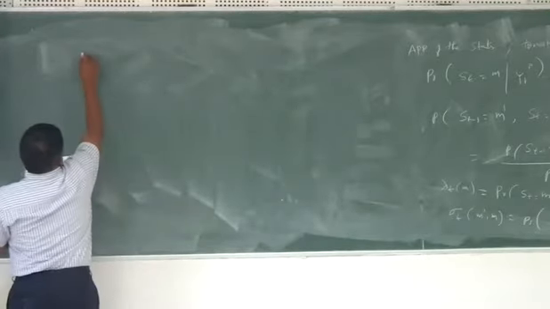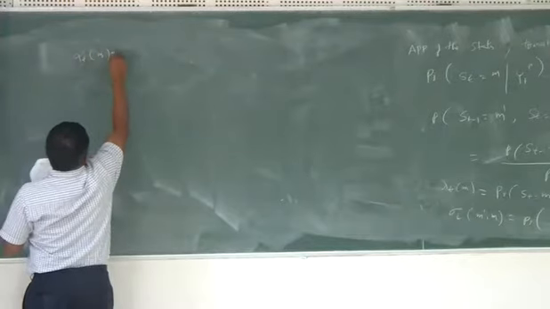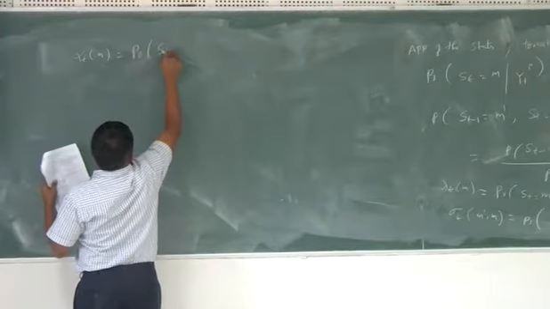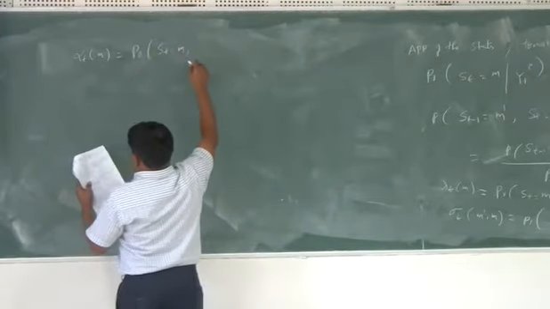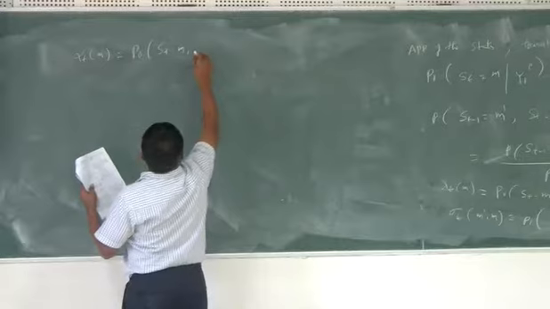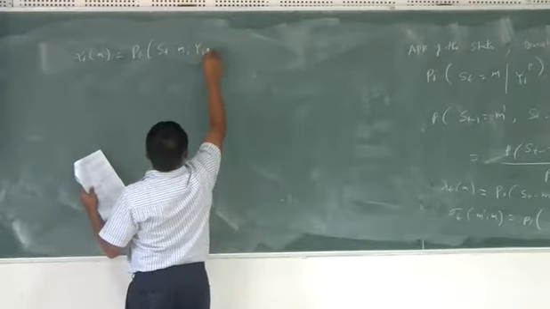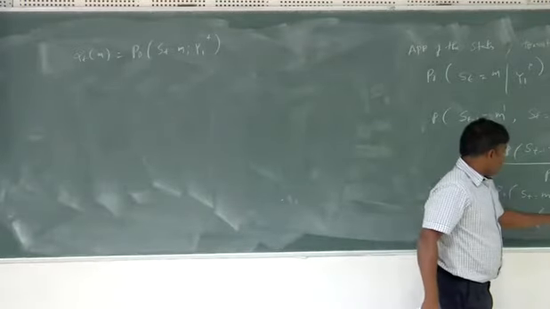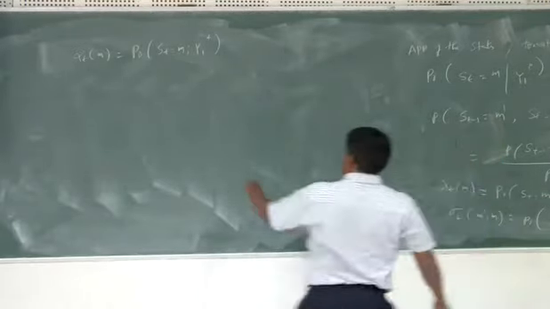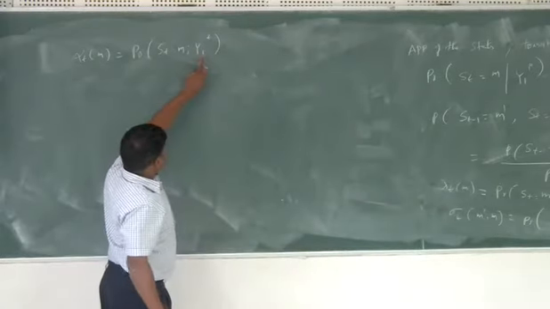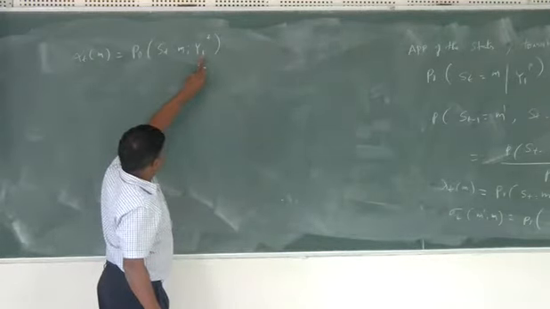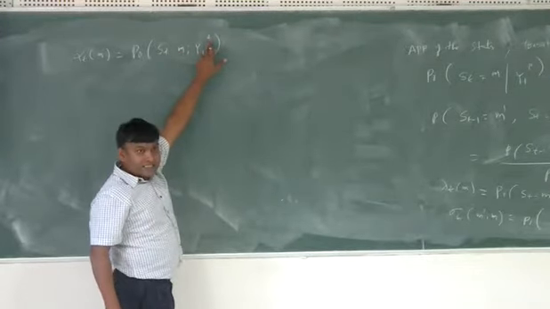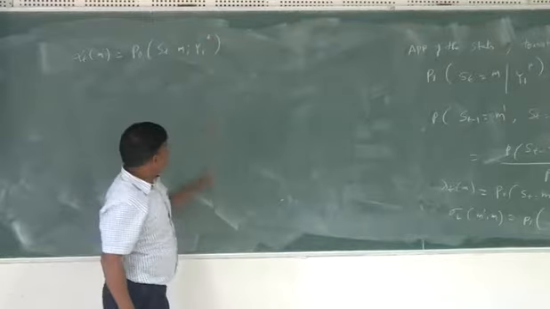We'll introduce these probability functions alpha_t of m, the joint probability of S_t and y_1 through t. So the difference between this and this is that this is the entire received sequence, but here we are going to consider the received samples 1 through t. t is the current time. That is a major difference.